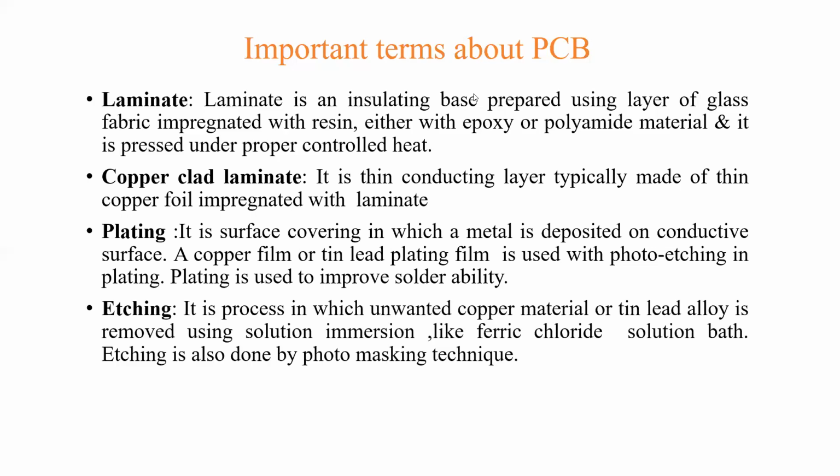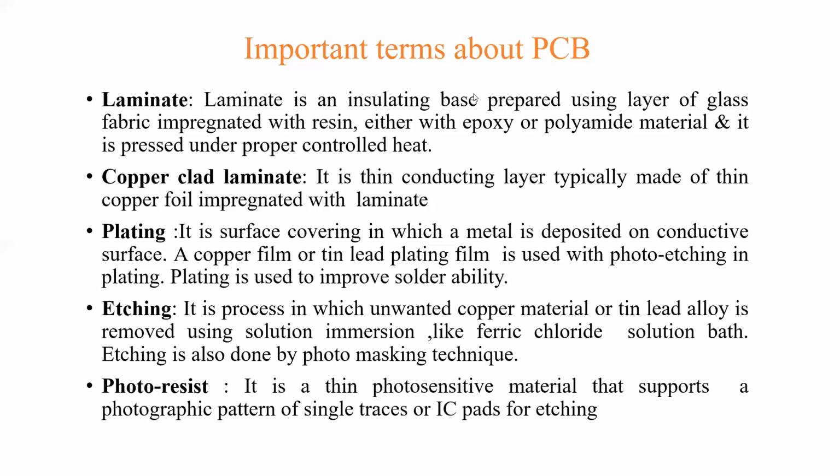It is a process in which unwanted copper material or tin lead alloy is removed using solution immersion, like a ferric chloride solution bath. Etching is also done by photo masking technique. So etching is nothing but removing the unwanted copper. Then photoresist. It is a thin photosensitive material that supports a photographic pattern of single traces or IC pads for etching.